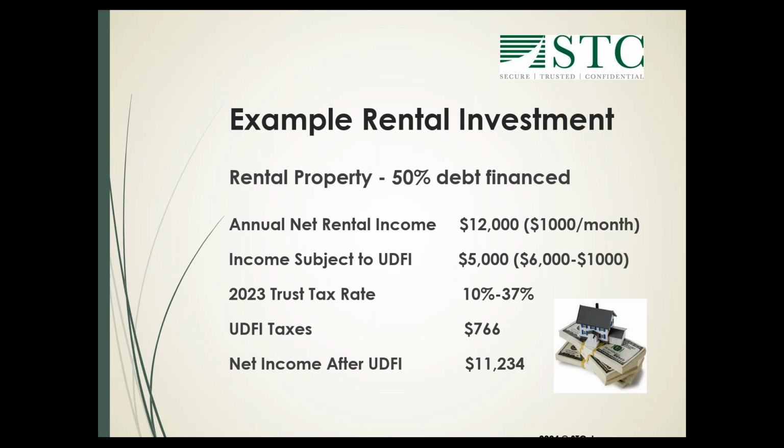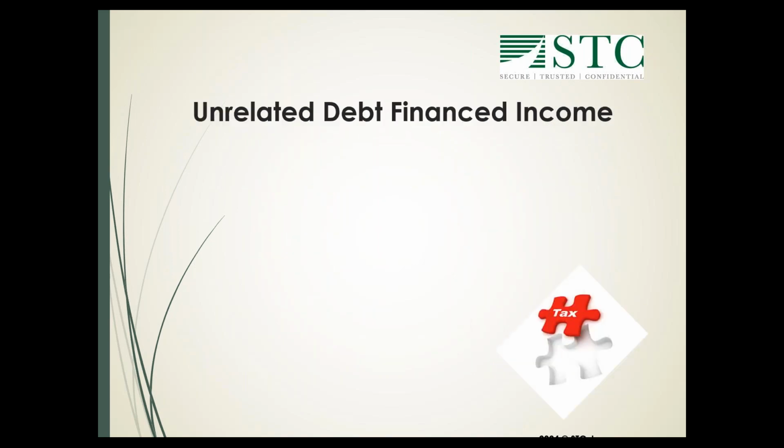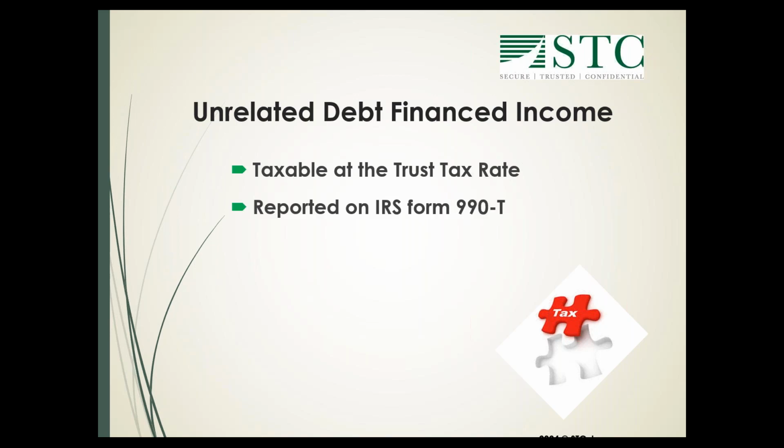So that's something to think about, to help you sort through how you would calculate and consider if you wanted to do something like this, go out and get a loan. One other thing I'll say on this: unrelated debt financed income, taxable at the trust tax rate, is reported to the IRS on Form 990-T, and the tax must be paid from your retirement account because that's the entity that incurred the tax liability.